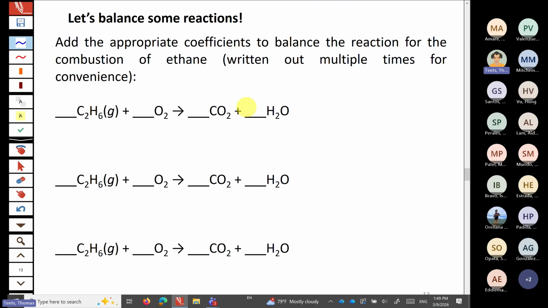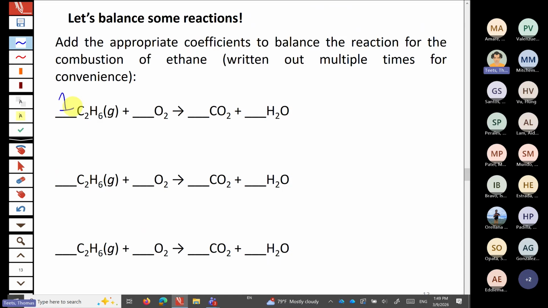Like I said, a good starting point for these is to figure out which reactant or product is the most complex, which one has the most atoms in it. Now, all of these are either elements or binary compounds, so none of them are that complicated, but C2H6 has a total of 8 atoms in the formula, more than the rest. So as a good starting point, I'm going to set this to 1 and try to balance everything else relative to that.